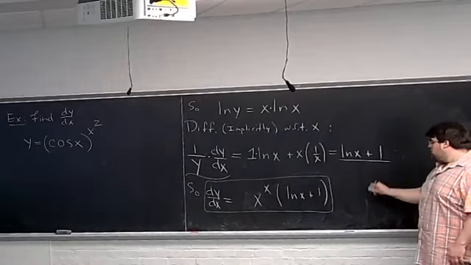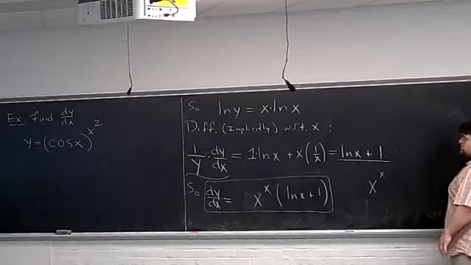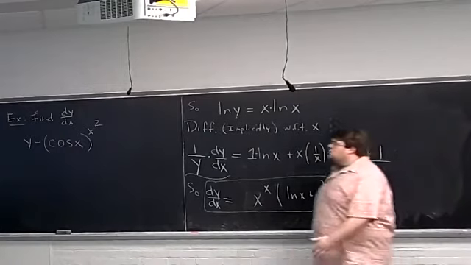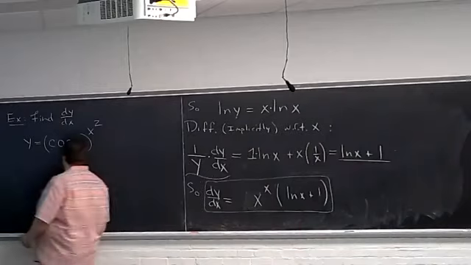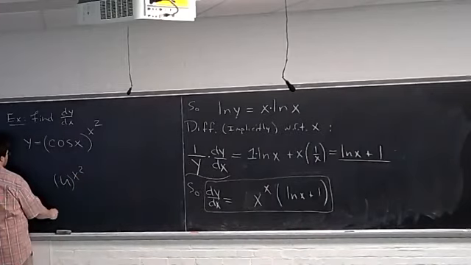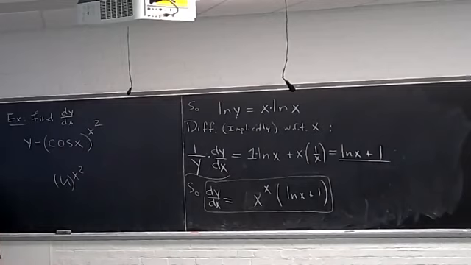Because if you have x's in the base and the exponent and you let u equal something, like say in this example, u equal cosine of x, well, then you'd have u to the x squared.